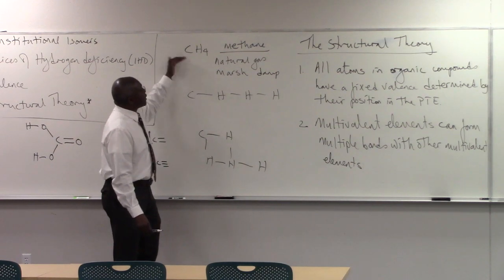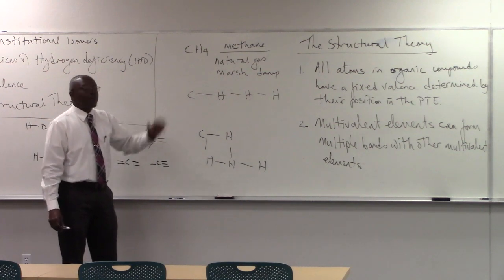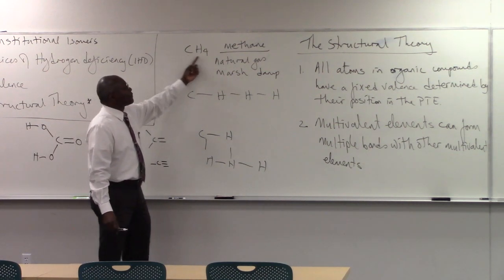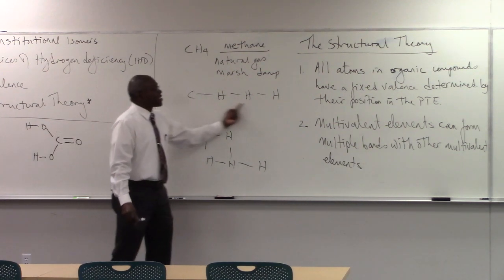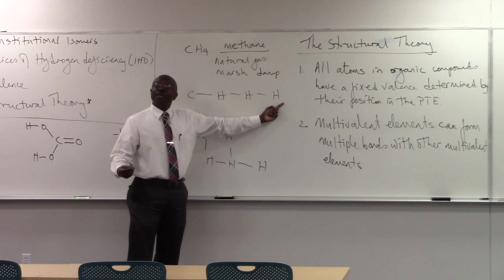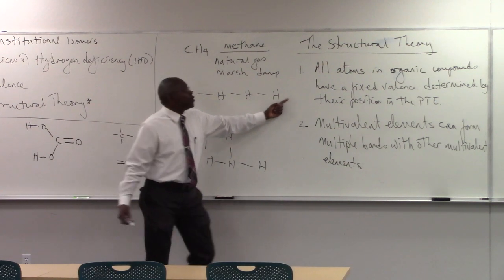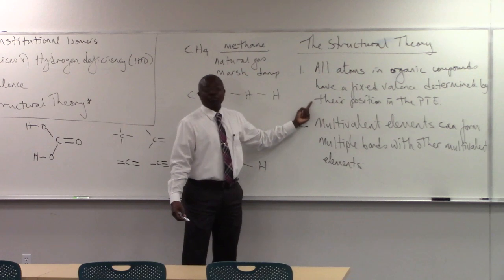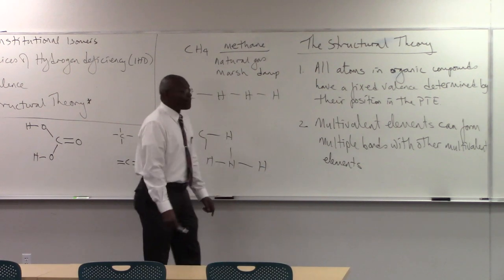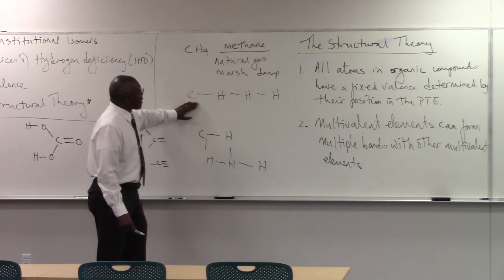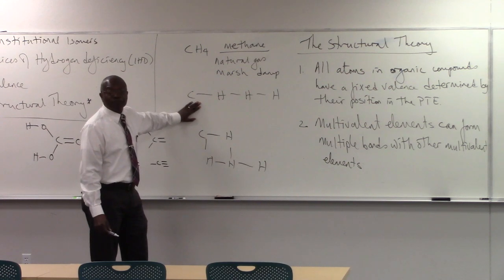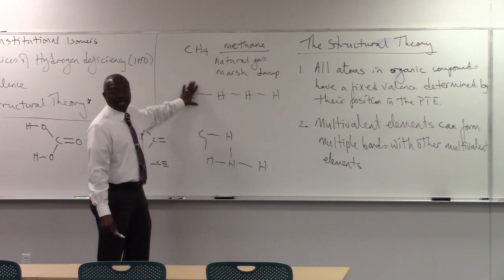So if I want to draw a reasonable structure for methane, so it's got 1 carbon and 4 H's, well, what about this structure? Would this be an acceptable structure, knowing what we know about the structural theory? Well, let's see. Here, carbon is monovalent. It's forming 1 bond. So this can't be right.